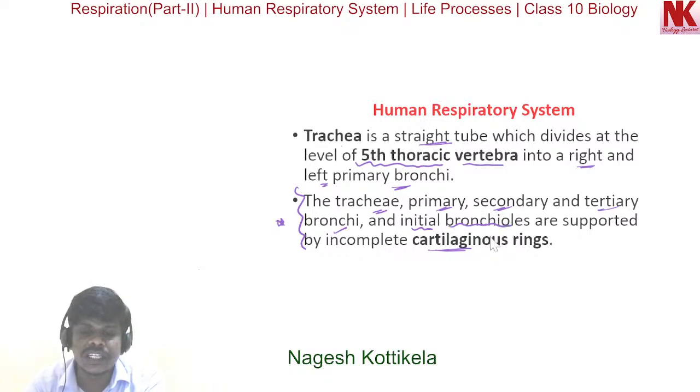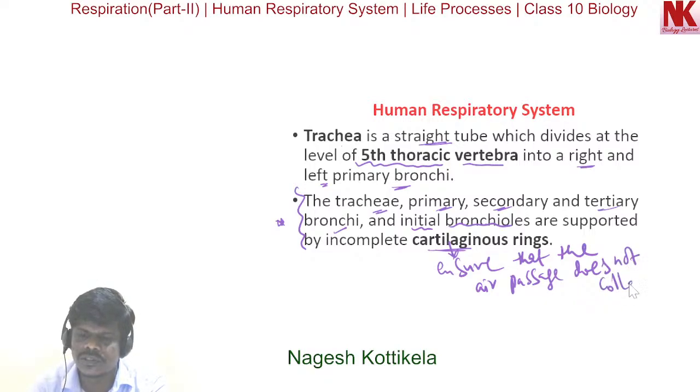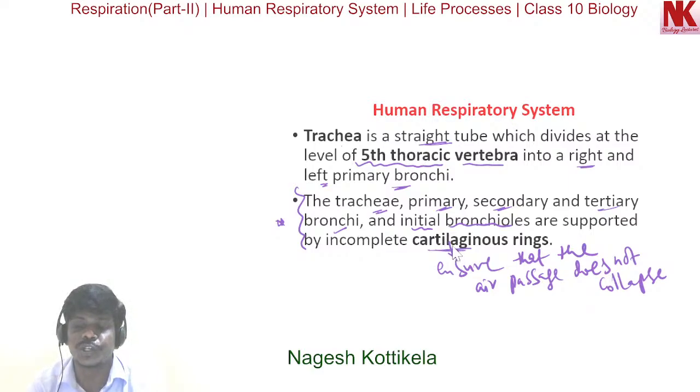And what is the purpose of these incomplete cartilaginous rings? These rings of cartilage ensure that the air passage does not collapse. So this is the role of the cartilaginous rings present in the trachea, primary, secondary, tertiary bronchi and initial bronchioles.